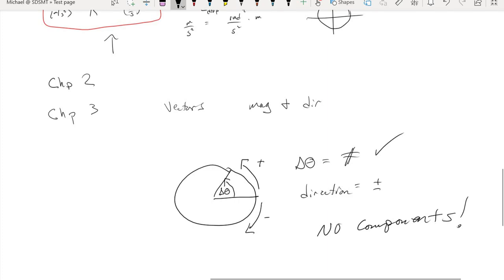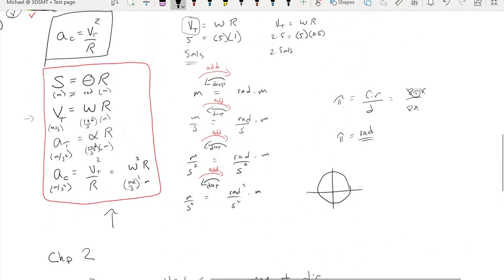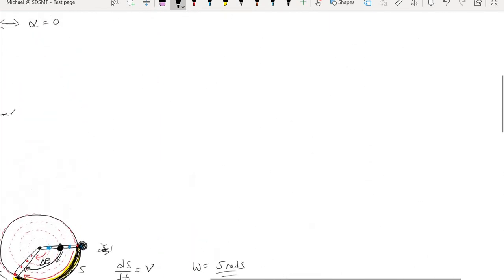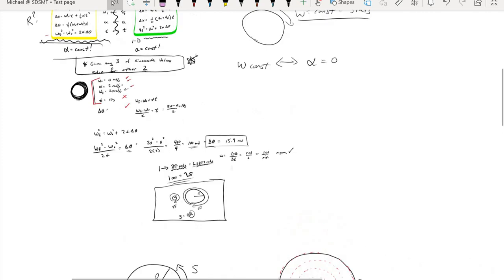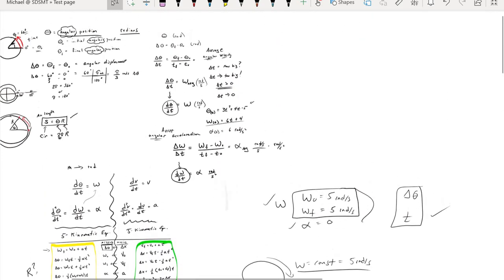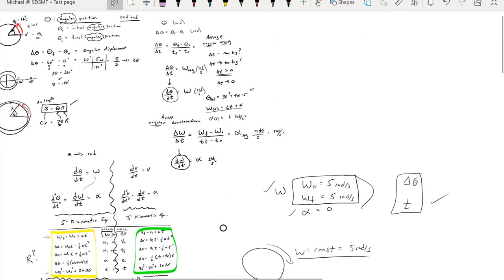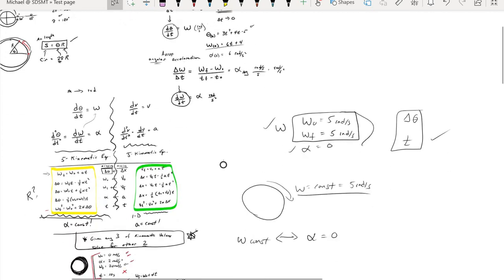And so that concludes the discussion on Chapter 3 material. We have our magnitude and direction for all of these angular components. As we displace, we either displace in the positive or negative direction. Our angular velocity will either be in the positive or the negative direction.